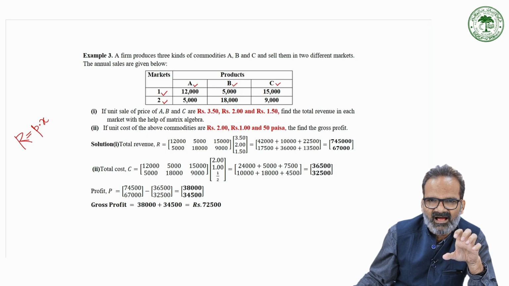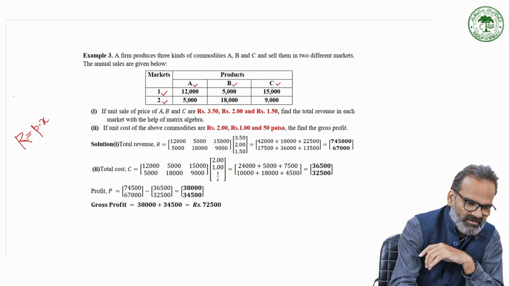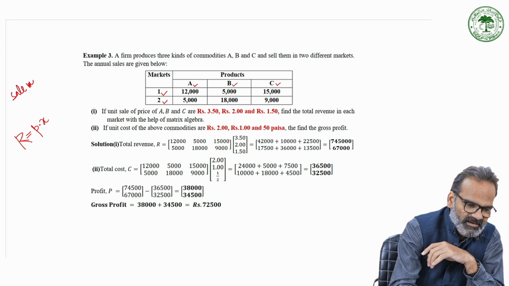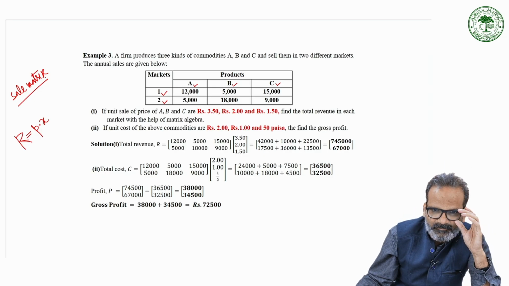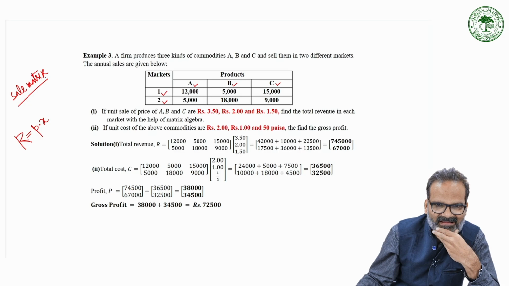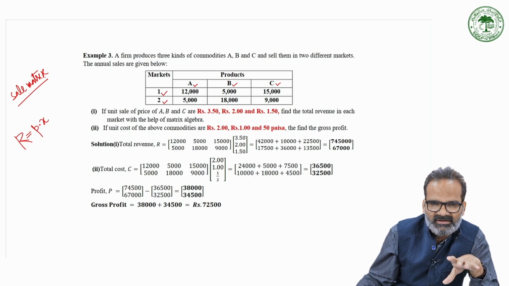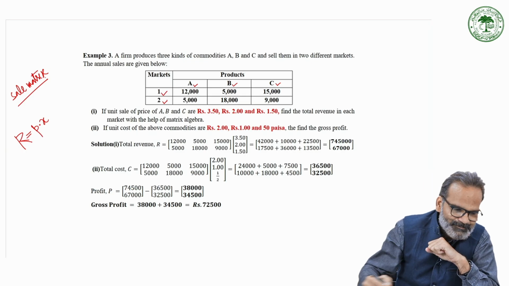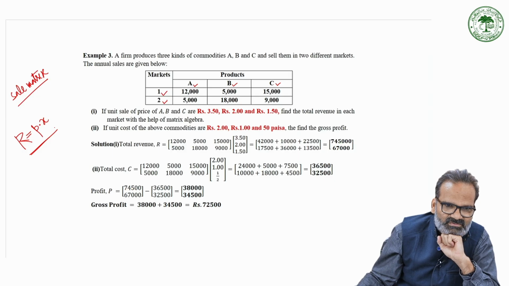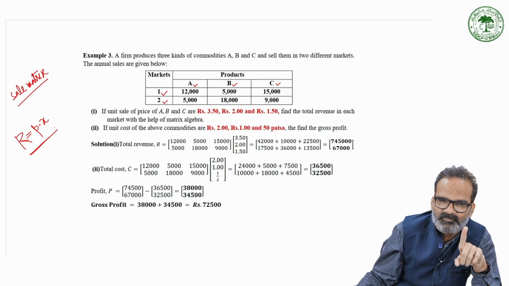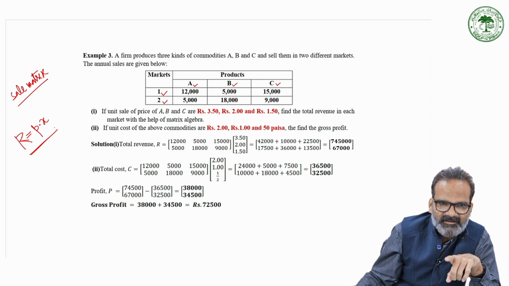This is considered as the matrix of the sale, or you can call it a sale matrix, right? And P is given as rupees 3.50 for commodity A, rupees 2 for commodity B, and rupees 1.50 for commodity C. Look at the formula of the revenue: revenue is always equal to the price of a commodity per unit multiplied by X, that is the number of commodities sold.